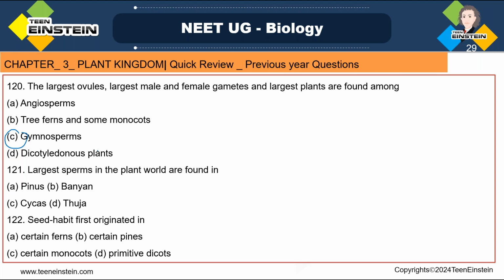The egg of Cycas comes under gymnosperms, and the egg of Cycas and its nucleus are the largest in the plant kingdom. The sperm of Cycas is also the largest in the plant kingdom.